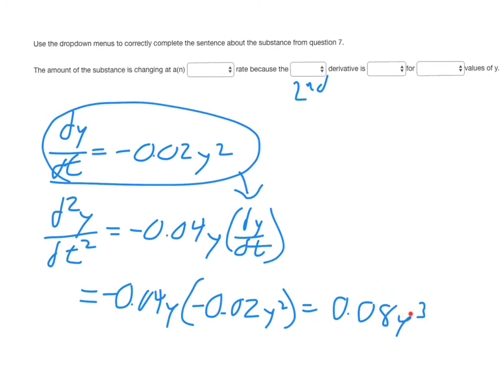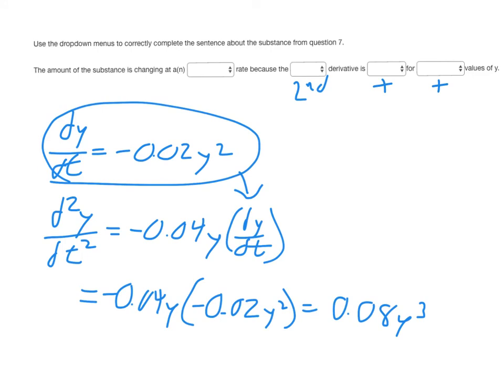So we're not doing anything fancy to y, like taking a sine or a cosine, or we don't have a parabola that's going to change back and forth between positives and negatives. This cubic simply is going to be positive if y is positive. This is not going to change that. So the second derivative is going to be positive for all positive values of y.